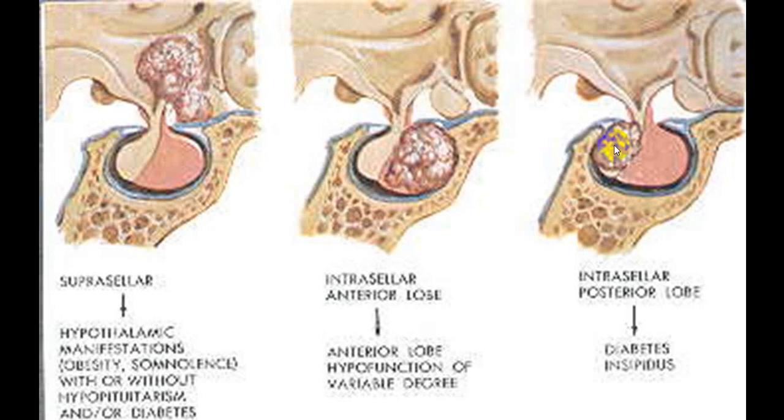And if it destroys, it will produce decreased production. So because of destruction, decreased production of ADH hormone, it will produce diabetes insipidus. So depending upon that, because of increased production, it will produce hyperfunction in whatever organ it is acting. And because of destruction of the nearby tissue, those cells will not produce those hormones.